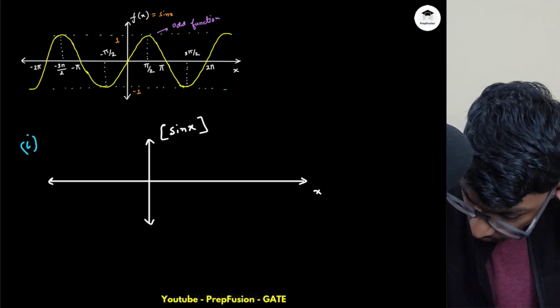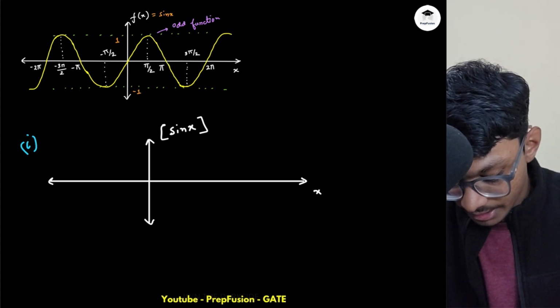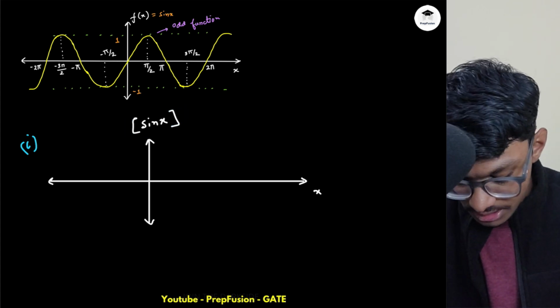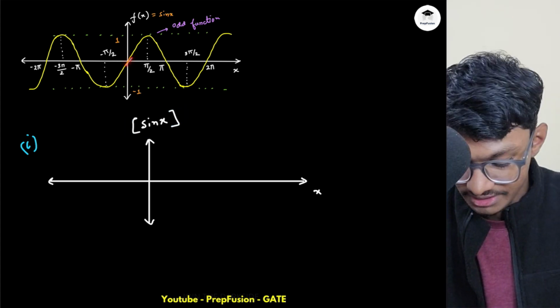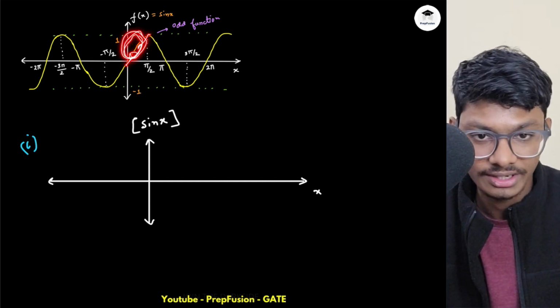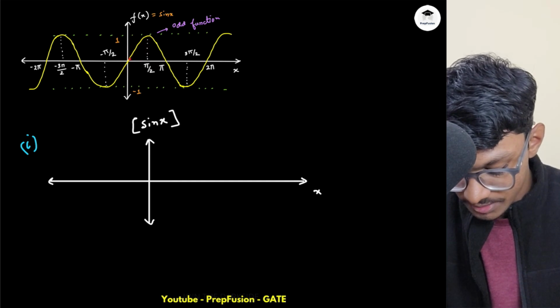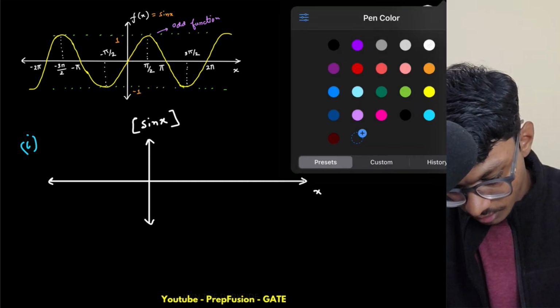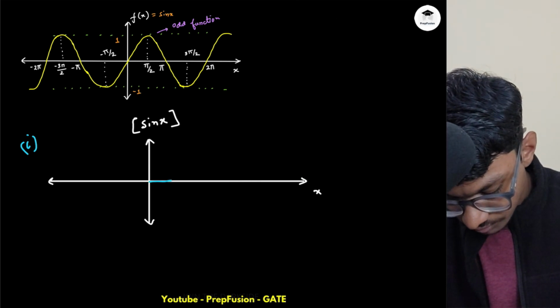So what did I explain right now? Here, this is just above 0 but below 1, so this part is between 0 and 1, and this will always be equal to 0 itself. So here, this will always be equal to 0.